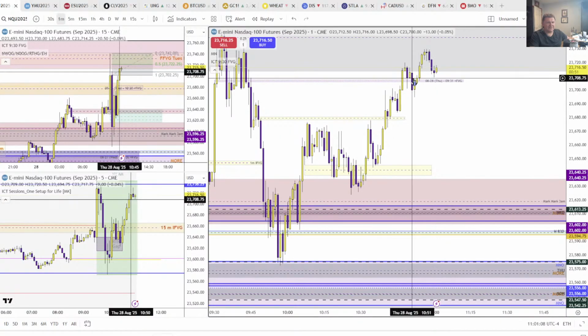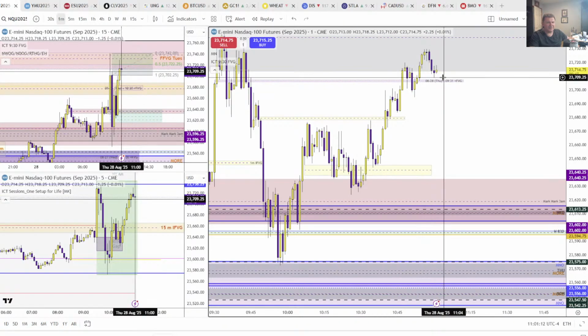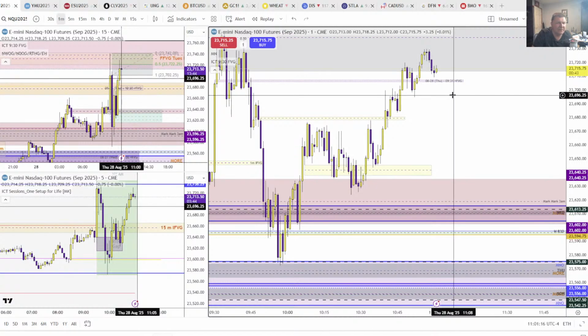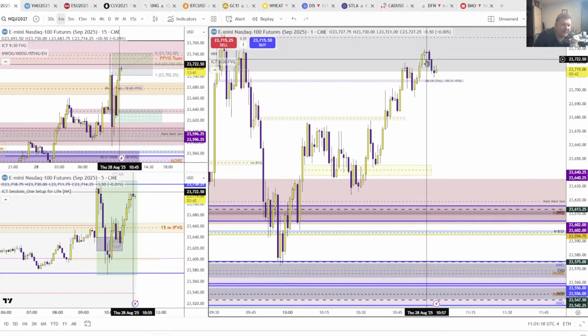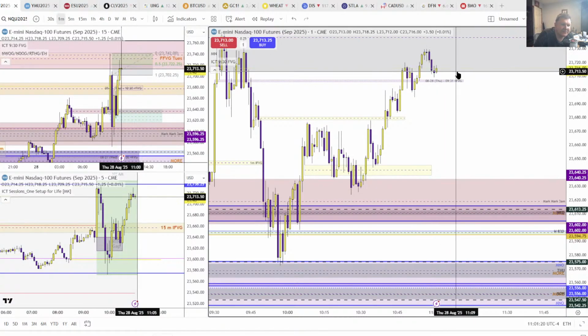There's the retest of the SIBI, this immediate rebalance right here. And then let's see if that goes higher, takes out this 722.